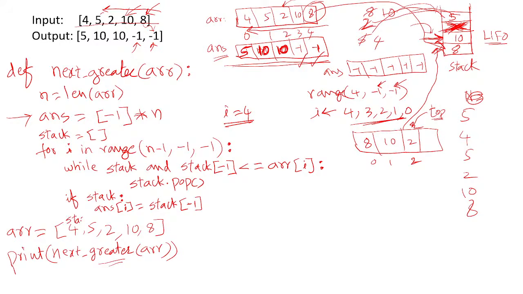That's why you need to say stack dot append, because the element must be added at the end. Instead of push function, you should use append, because append is provided with the list in Python. So append array of I, the current element.